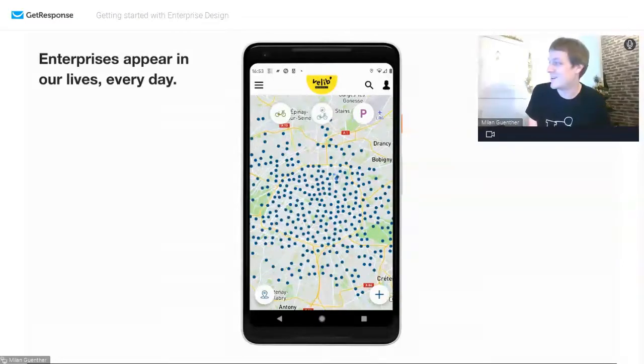But it doesn't show me really anything useful. It shows me that there are also bikes on the other side of Paris, or even outside Paris. And this is nothing that is in any way interesting for me in this moment. So this is basically bad user experience design, right?